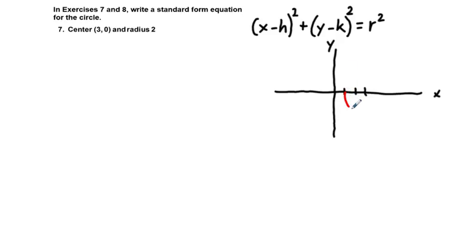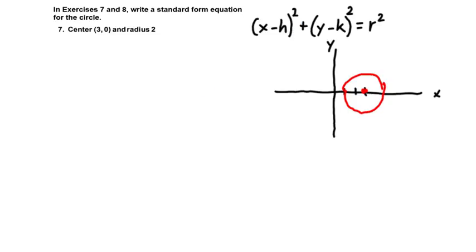So this is what our circle would look like, just shifted right. And what we're doing is that the circle shifts to the right if h is a positive number.